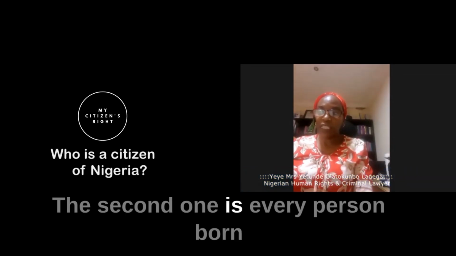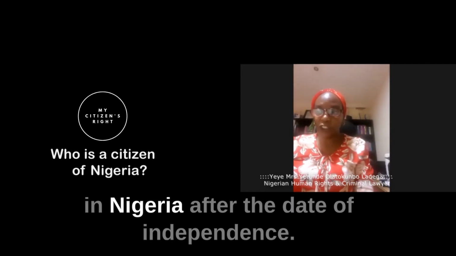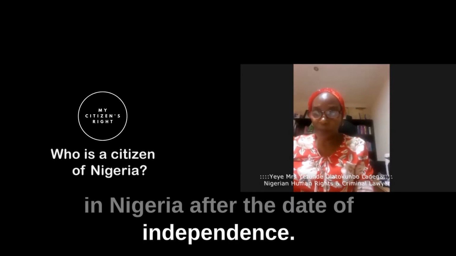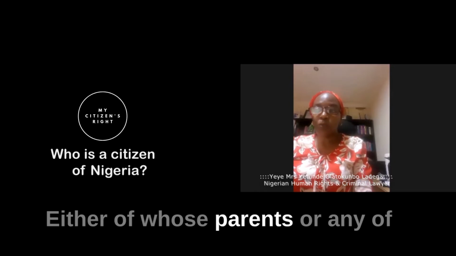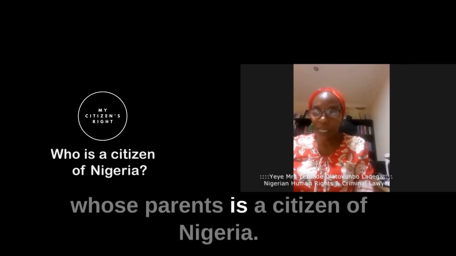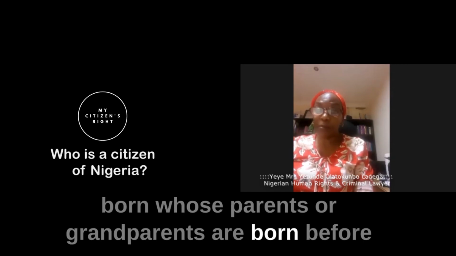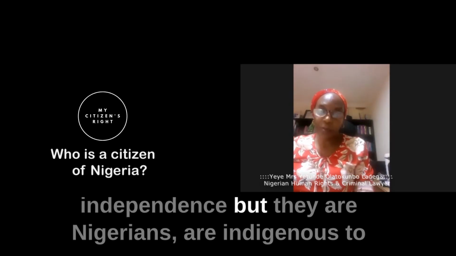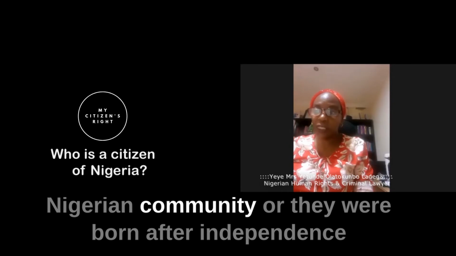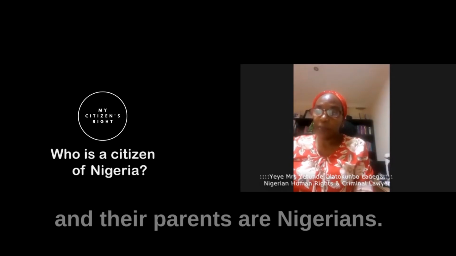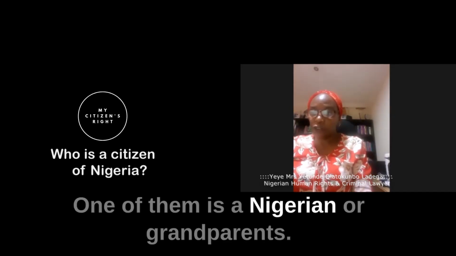The second one is every person born in Nigeria after the date of independence, either of whose parents, or any of whose parents, is a citizen of Nigeria. So there are those whose parents or grandparents were born before independence and are indigenous to the Nigerian community, or those born after independence whose parents, or one of them, or grandparents, are Nigerians.